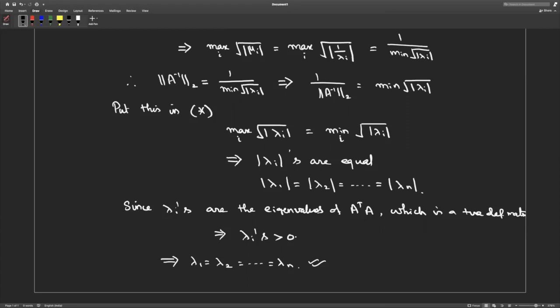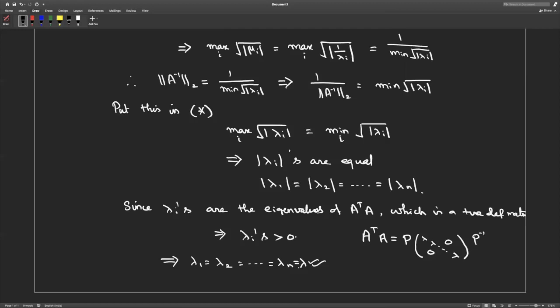But what we have shown is that A transpose A has all its eigenvalues equal, right? Therefore, A transpose A will be similar to a diagonal matrix whose diagonal elements are all equal. Let us call these equal eigenvalues lambda. Then you can see that A transpose A can be written as P times the diagonal matrix lambda, lambda, and so on, lambda, with zeros elsewhere, times P inverse.